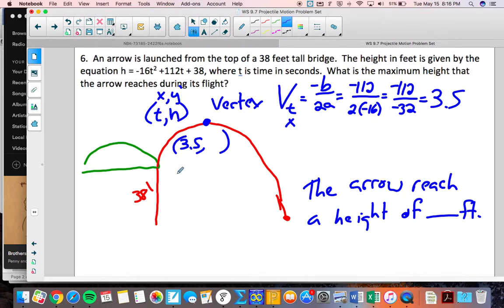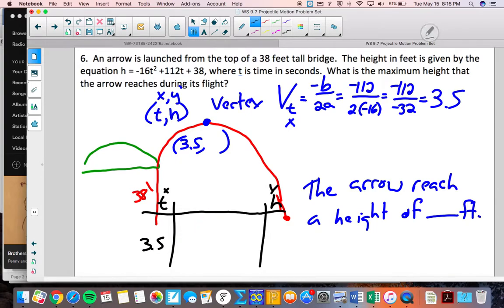So what is the height? Well, in the past, we've made an input-output table. Now this is time, or x, and this is height, or y. So we just want to know what is the height at 3.5 seconds. So we go negative 16 times 3.5 squared minus 112. Ooh, that's a plus sign.